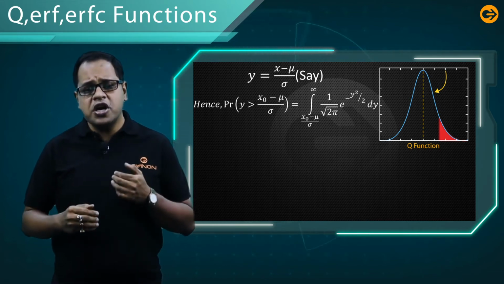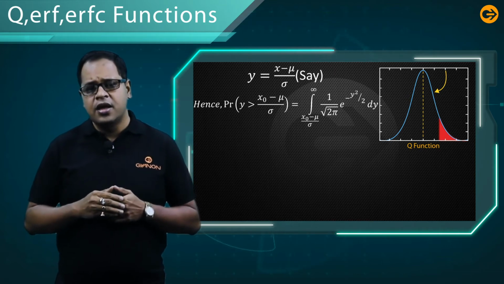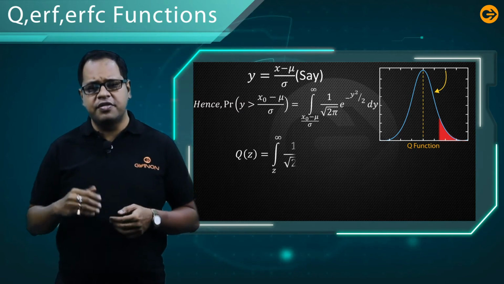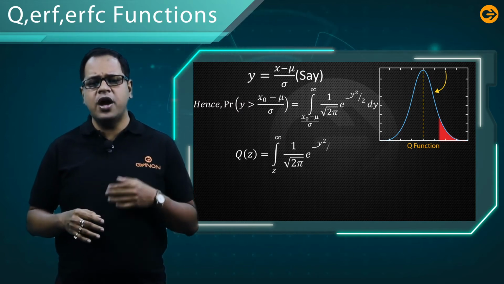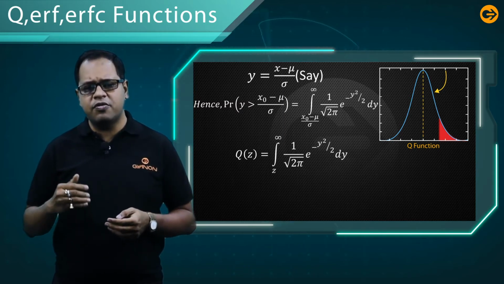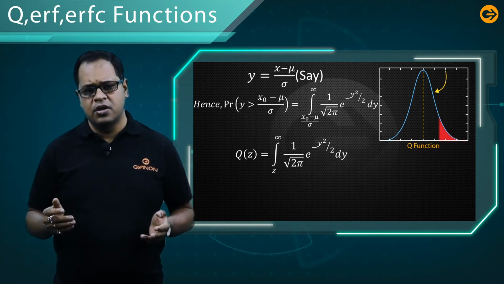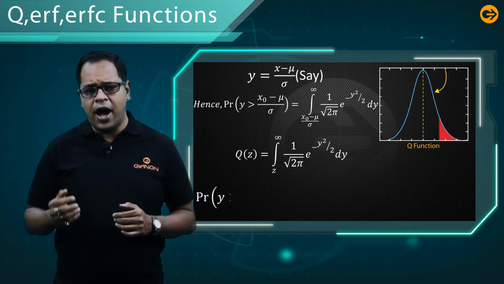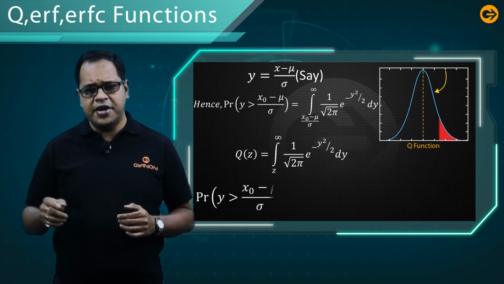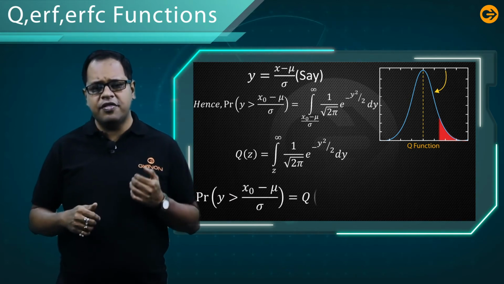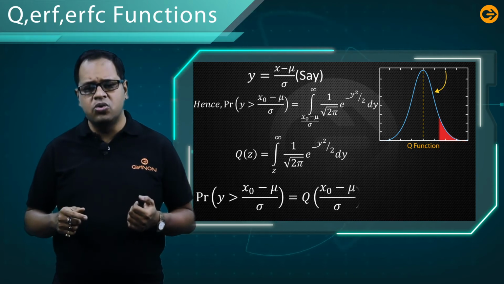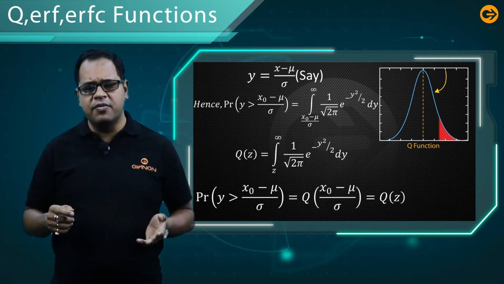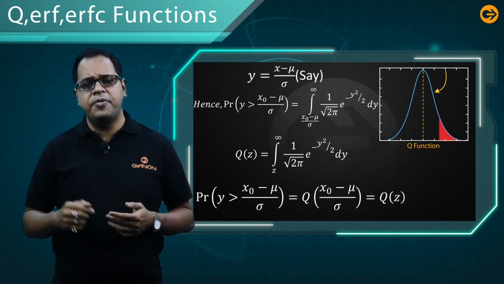Now, the Q function can be defined by Q(z) = integral from z to infinity of 1 by root 2 pi, e to the power minus y square by 2, dy. So the probability P(Y > (x0 minus mu) by sigma) is equal to Q((x0 minus mu) by sigma), which is nothing but Q(z).